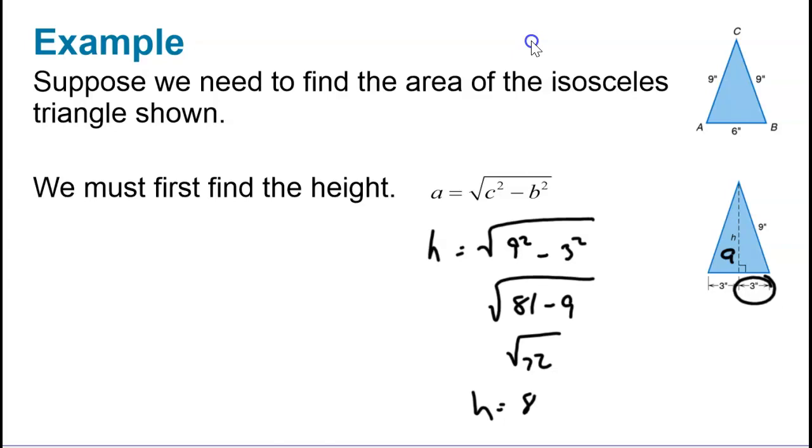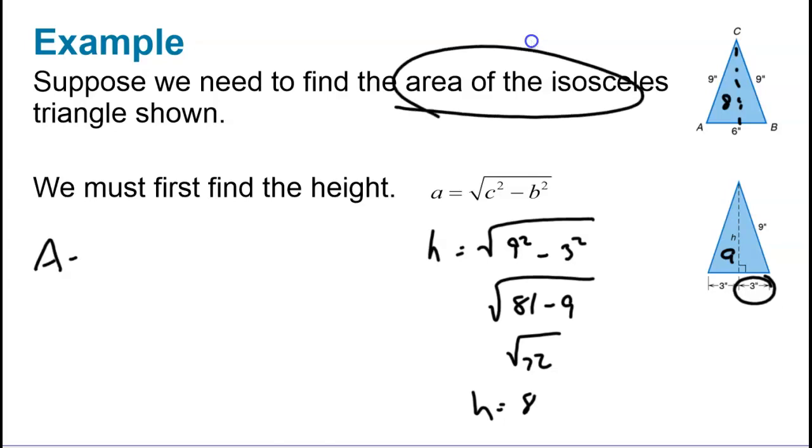And so now that we have the height of 8, we can go back to the original problem and say, okay, 8 is our height. We want to be able to find the area of the triangle, and remember, area equals 1/2 base times height.